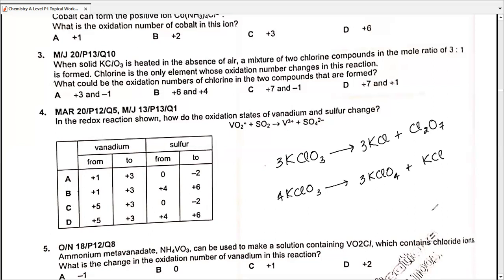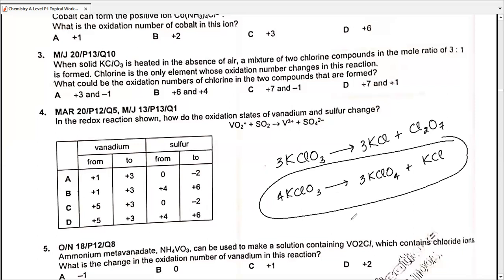There you go. I guess now it's completely balanced. Yeah, this is the one we're talking about. No other element changes oxidation number in the reaction, 3:1, and also +7 and -1.